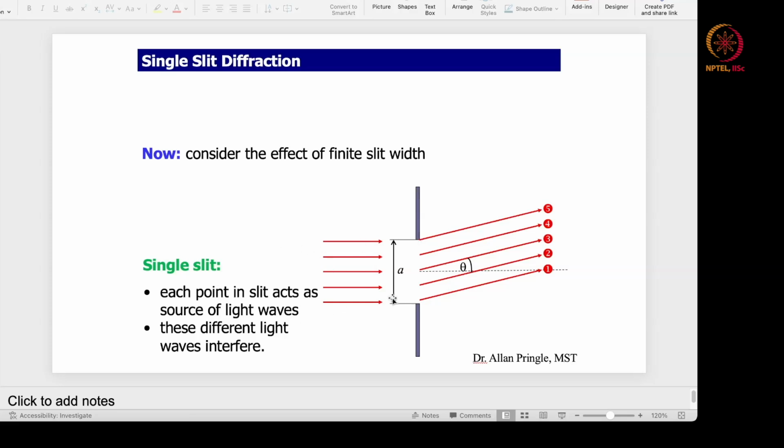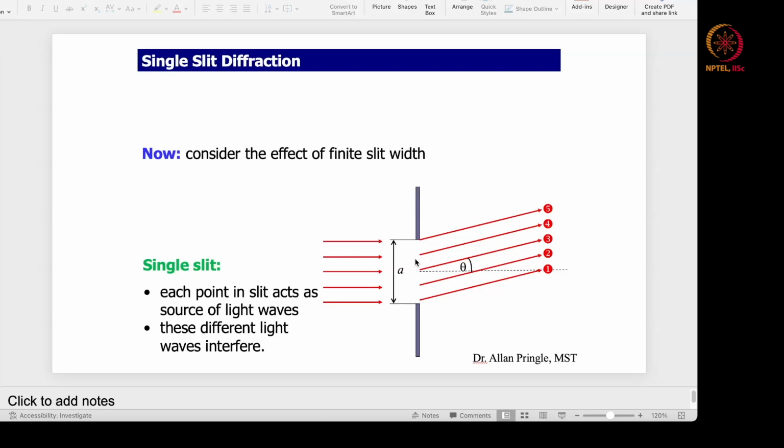and are incident on this slit. Now, each point in the slit acts as a source for light waves. Okay, so each point in the slit that you can see over here, marked as 1, 2, 3, 4, 5, acts as a source for the light waves.